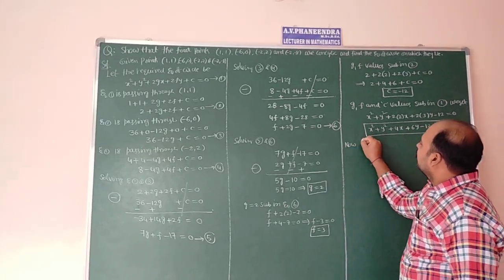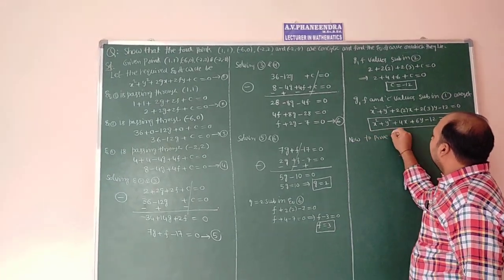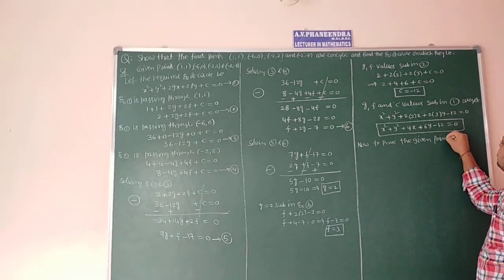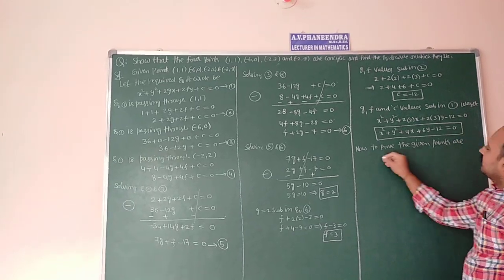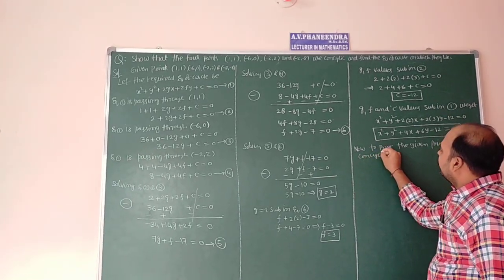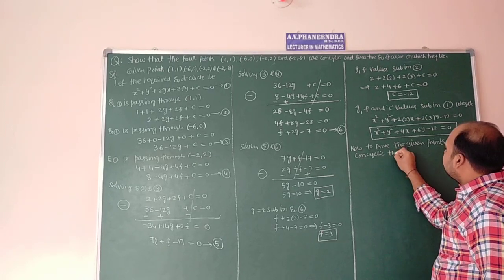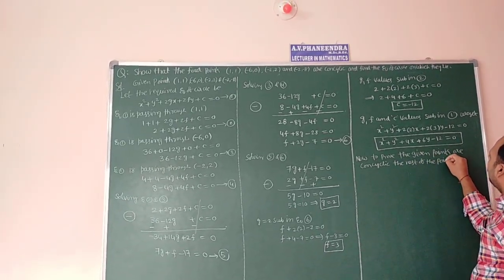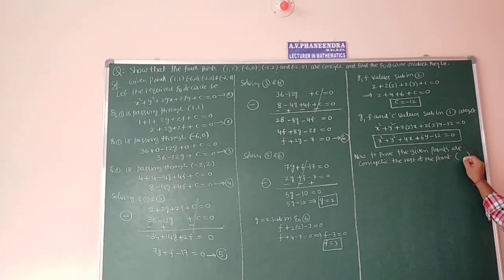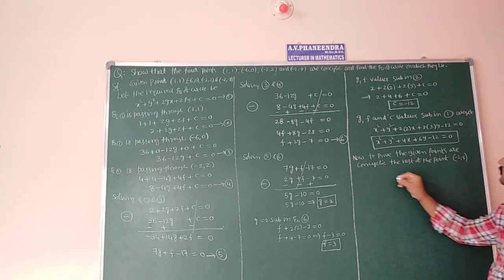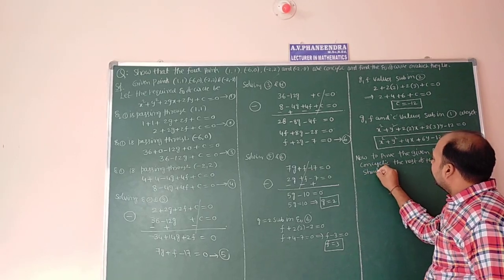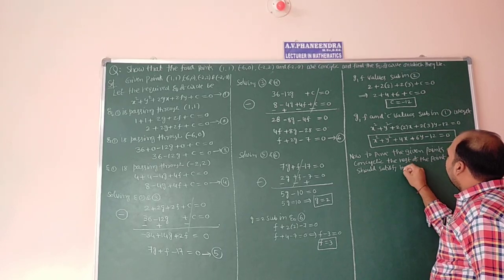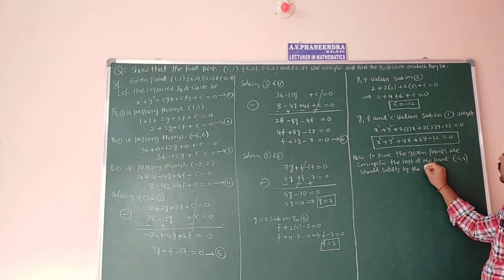Now, to prove the given points are concyclic, the rest of the point minus 2 comma minus 8 should satisfy the equation of circle.